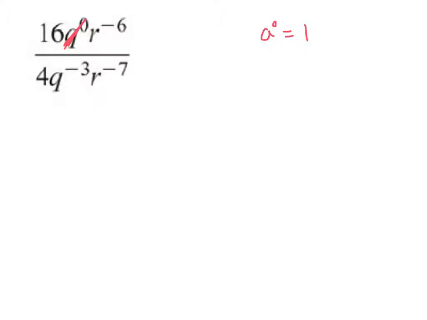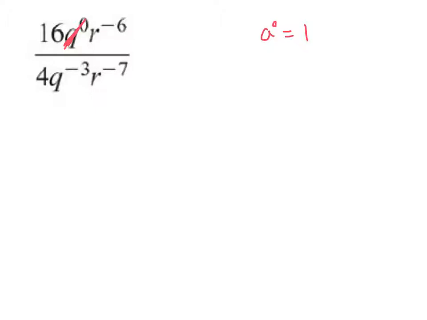Okay? Please don't think, oh, so it cancels out. It didn't cancel out. I crossed it out, yes, but it didn't cancel out. Q to the 0 power is 1. And so I took 1 times 16 and got 16. It's not canceling out. It's becoming a 1. Okay?